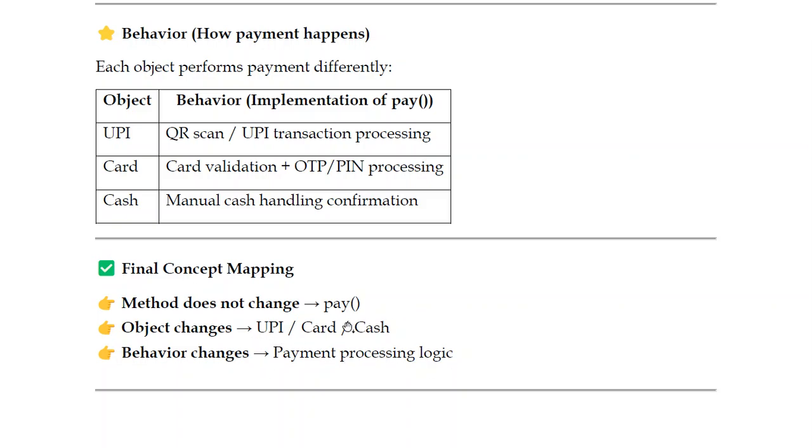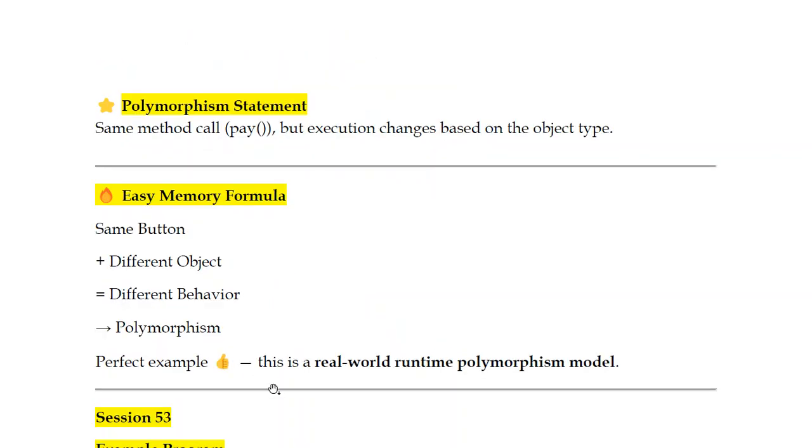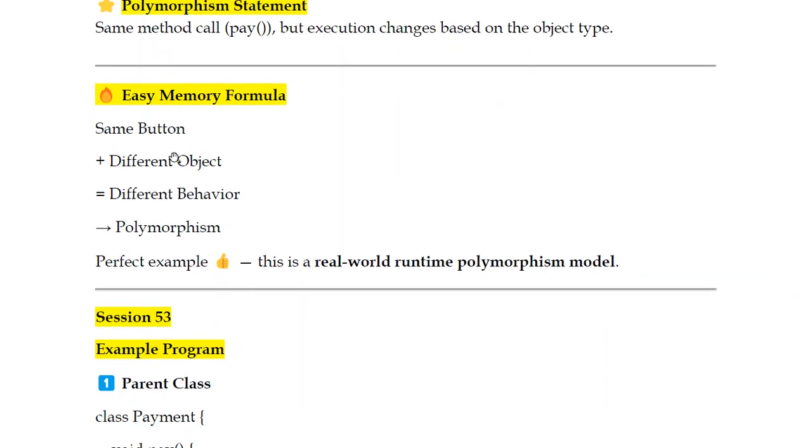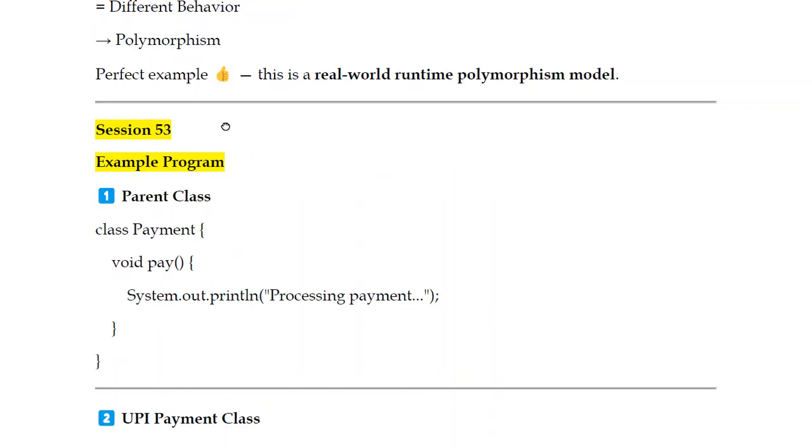The object changes: UPI, card or cash. Payment processing logic is changing here. Simple statement: a method called pay, with different behaviors depending on the different objects. This is called runtime polymorphism. At runtime, while executing or at paying time only, it is asking what to do.